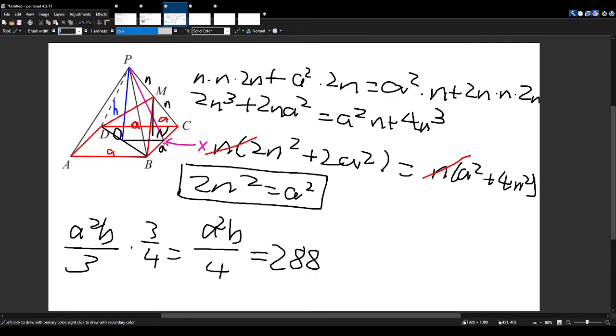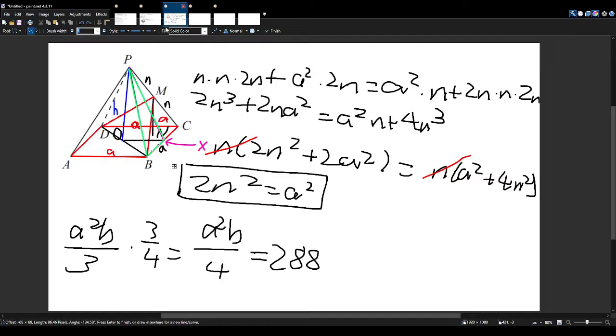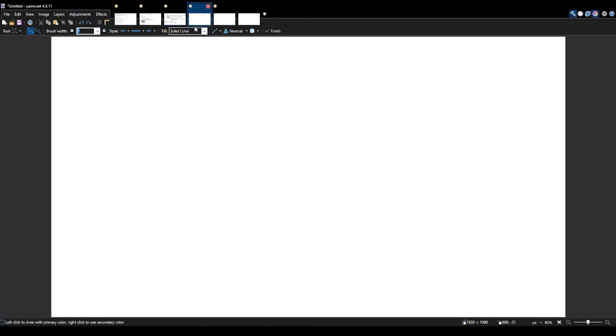We can find the slanted height, because the slanted height is really just this. So this triangle is a right triangle, and we know everything. Okay, so we're going to use this triangle. So the hypotenuse is 2n, right?